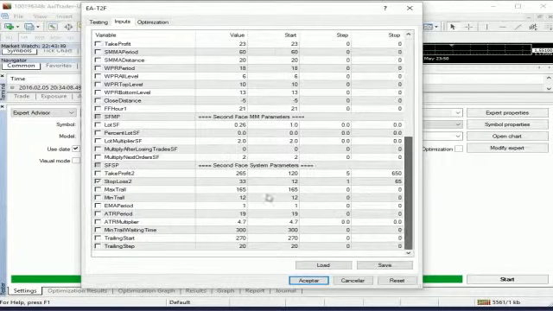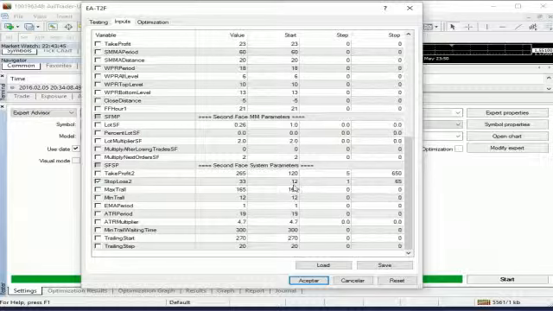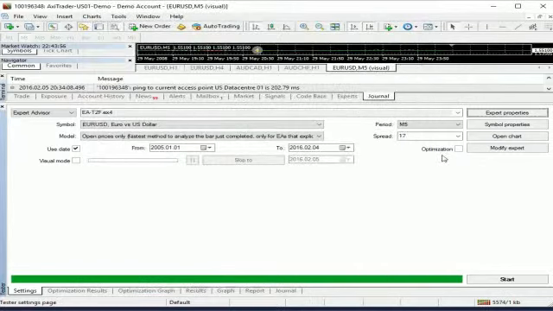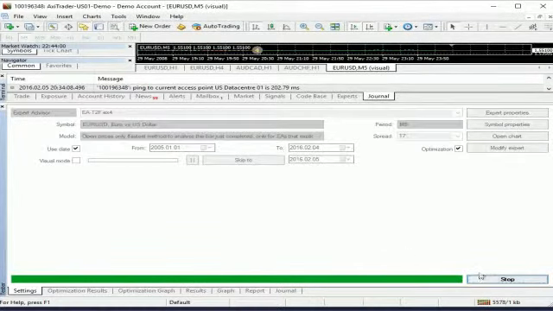Okay? 33. And this is what I'm looking for. The best stop loss between, and it's going to test 12 plus 1, 13 plus 1, 14 plus 1, 15 till 65. That's the range, start, step, stop, that it's going to test over 11 years. And there you go.